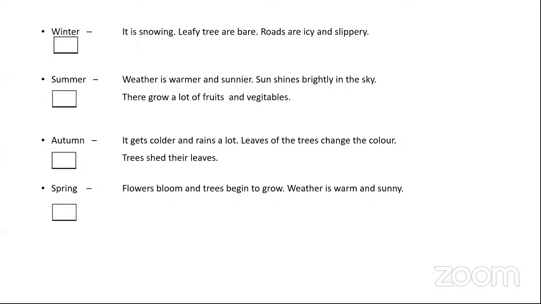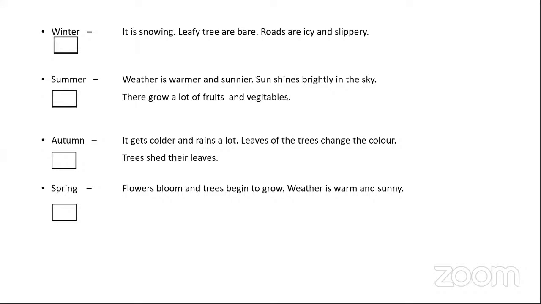Okay, I am reading the text. During that time, you can write the number of the picture. Okay, number 1. It is snowing. Leafy trees are bare. Roads are icy and slippery.